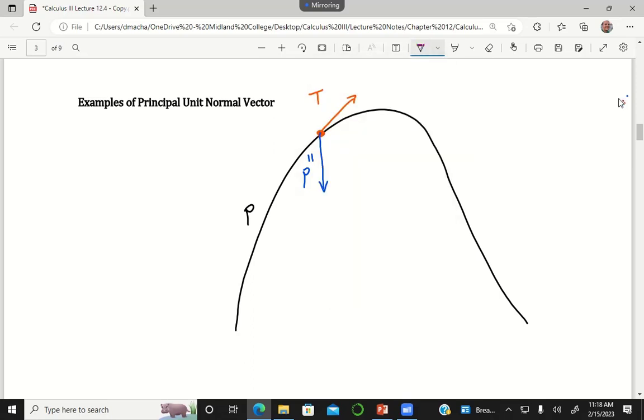Then the specific principal unit normal vector has to be orthogonal to T, but in the same plane as both T and P double prime. So maybe it looks something like this. I know it's hard to visualize because I'm obviously drawing on a two-dimensional piece of paper and we're talking about things that are happening in 3 dimensions, so it's definitely not easy to visualize or imagine.